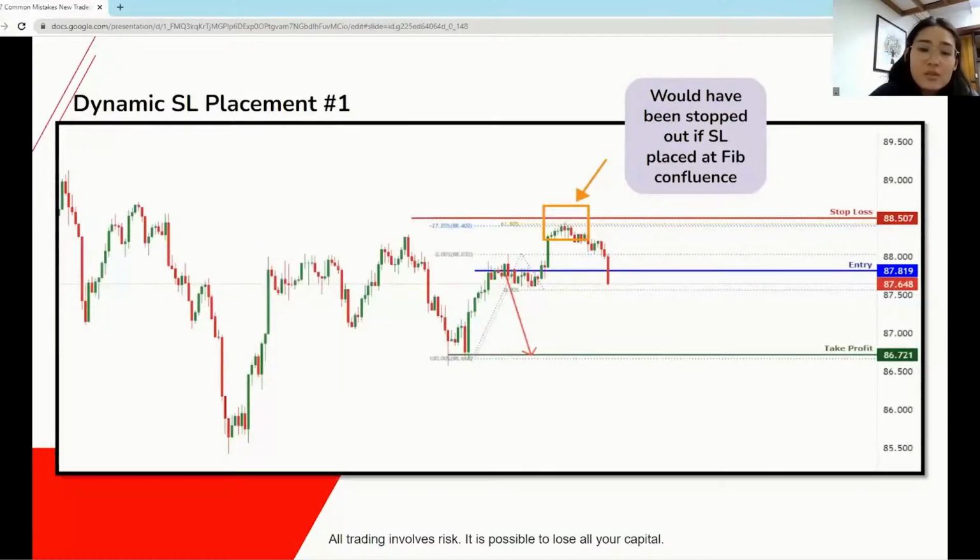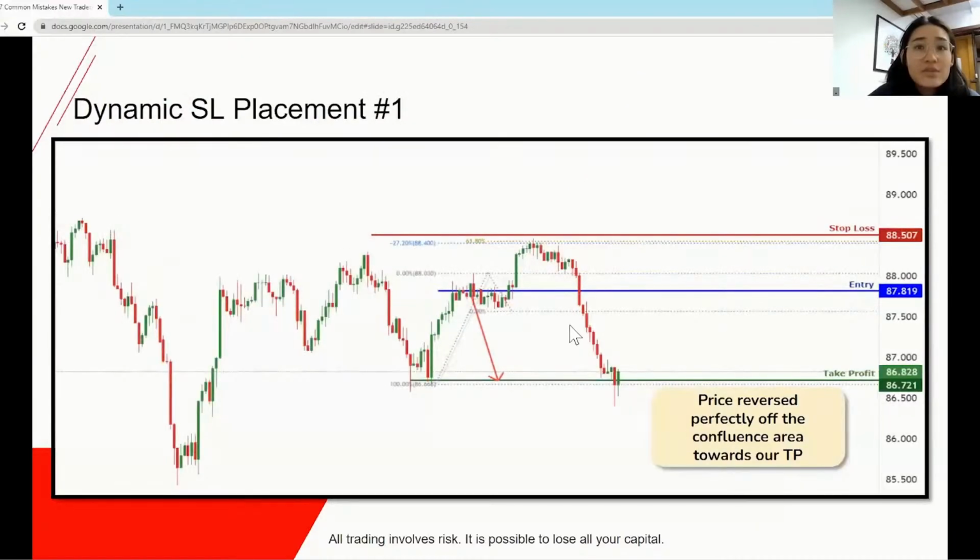So if we had put our stop loss right at the confluence area, we would have been stopped out. You can see from this little arrow here that we've highlighted. Price is often attracted to strong areas of support and resistance before reversing off of these areas. And you can see after that, it immediately dropped back down as we expected towards our take profit.